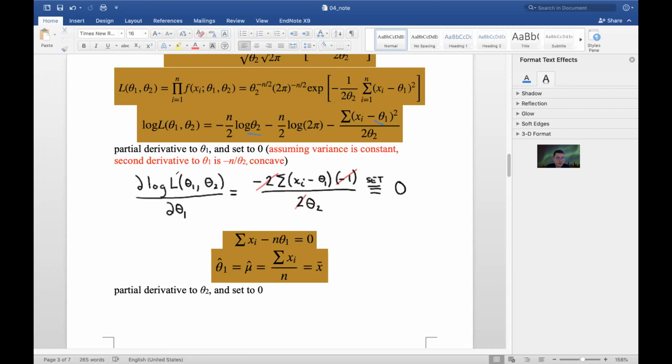First we take the partial derivative with respect to theta 1. These two terms have no theta 1, so they will be gone. We only care about this term, because only this term has theta 1.